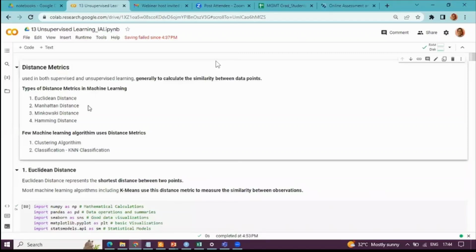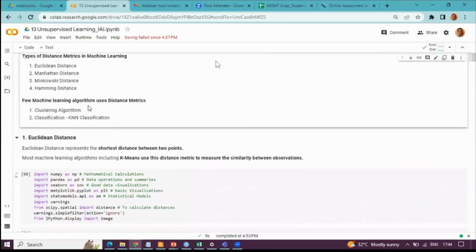We discussed different forms of distances: Euclidean, Manhattan, Minkowski, Hamming, and we were also introduced to Haversine distance and cosine. There are various other distance mechanisms as well.